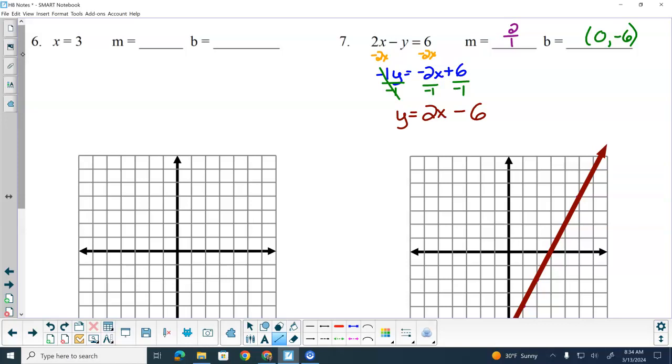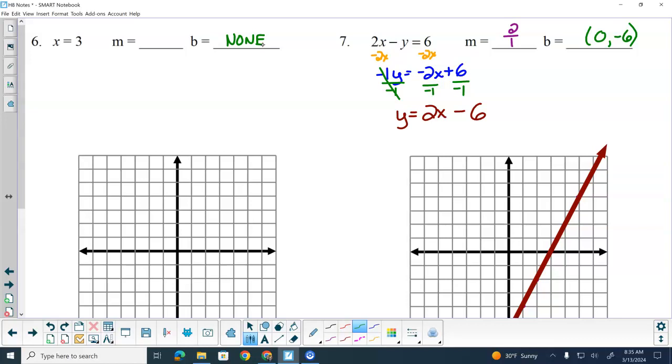Okay. All right. So since this is the only time that I can't do that is when it's x equals, right? Okay. So because of that, that means that there is no y-intercept. Because if I can't put it in y equals mx plus b form, that means that there's no y-intercept.